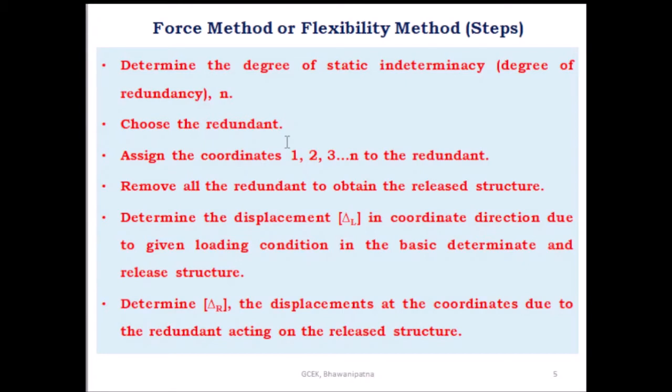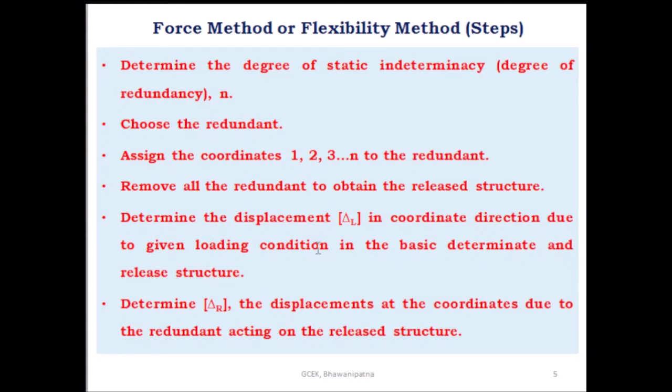If there are n redundant forces, then you have to choose n coordinates. So, assign the coordinates 1, 2, 3 to the redundants. If there are 3 degrees of static indeterminacy, then you have to choose 3 redundants and assign the 3 coordinates 1, 2, 3 to the redundant directions. Then remove all the redundants to obtain the released structure.